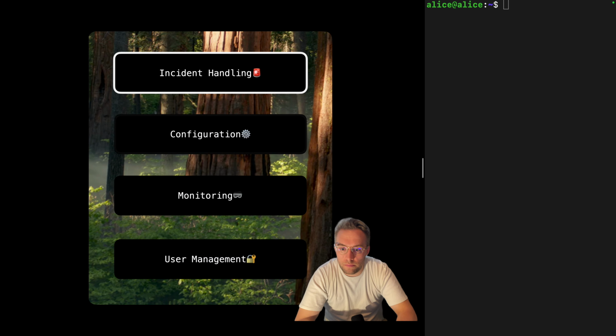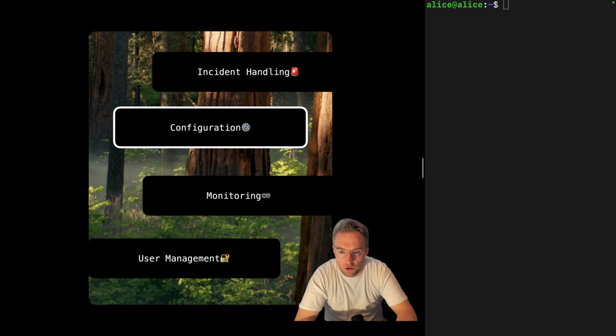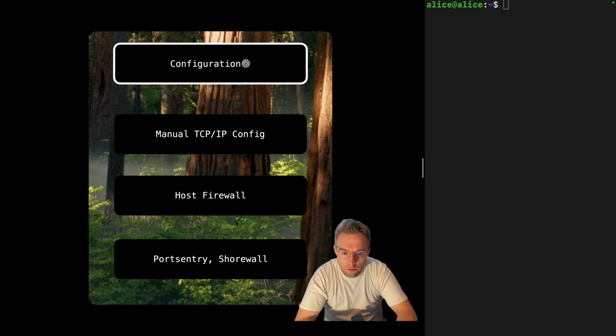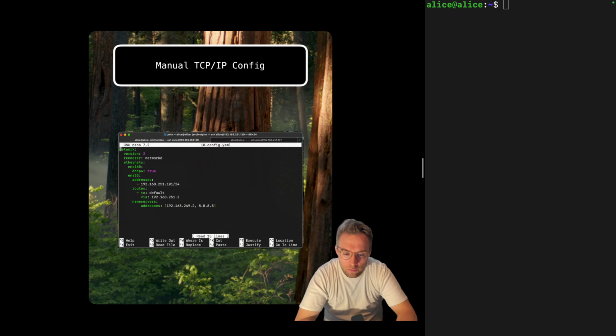So I think that is very much what it's about, the scanning and monitoring part, and all preparing for defenses.